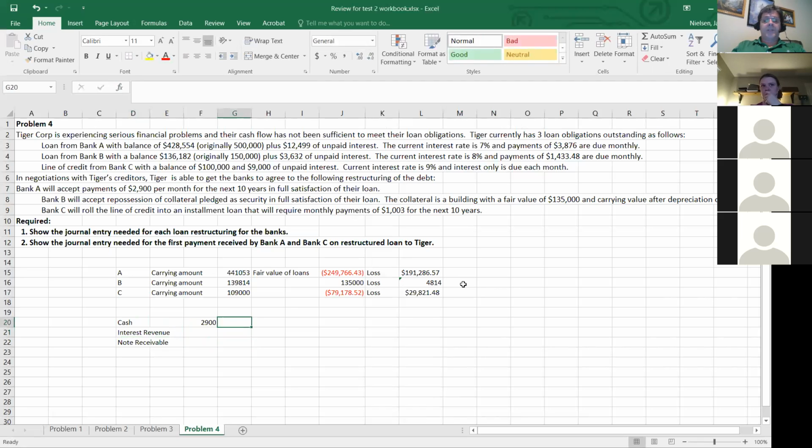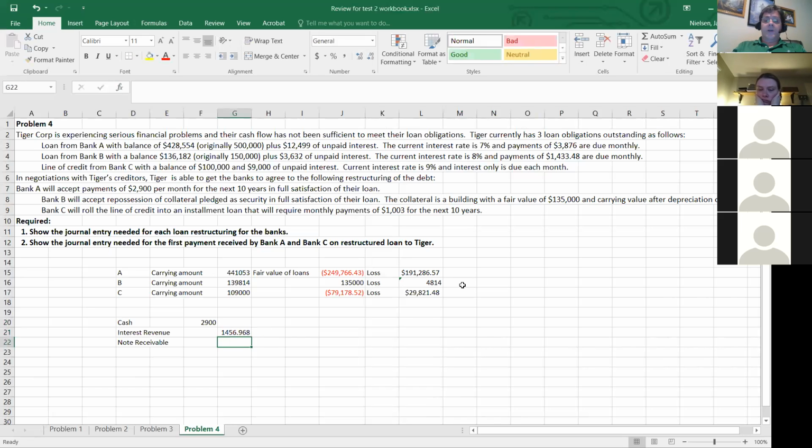And interest, you always calculate first, whether it's receivable or payable. What is my new value of the loan? 249,766. Now I'm rounding a little bit. Times, and what rate of interest did we use? 7%. If you don't use 7%, it's not going to work over time, because that's how we calculated the value. And divide that by 12 because it's only for 1 month.